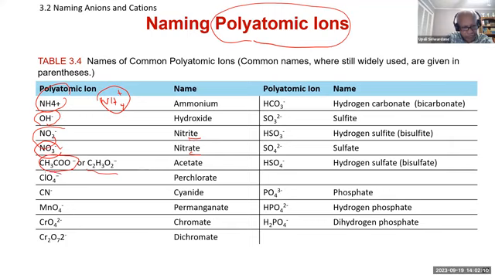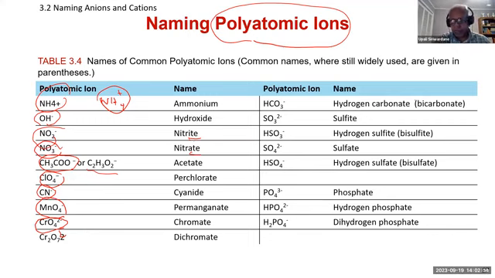Perchlorate is ClO4 negative. Cyanide is CN negative. Permanganate is -1. Chromate is -2. Dichromate, that 2 is a superscript. That's dichromate.